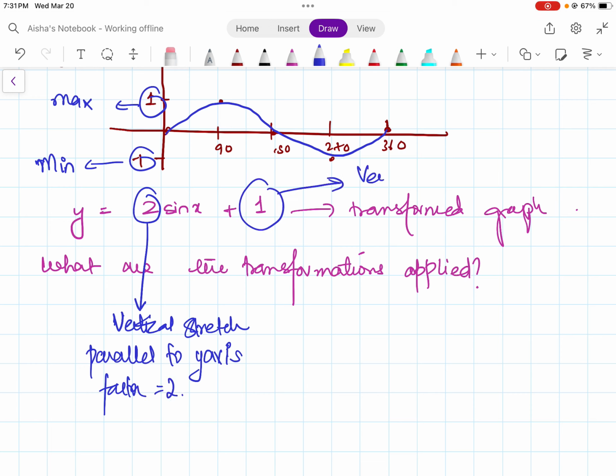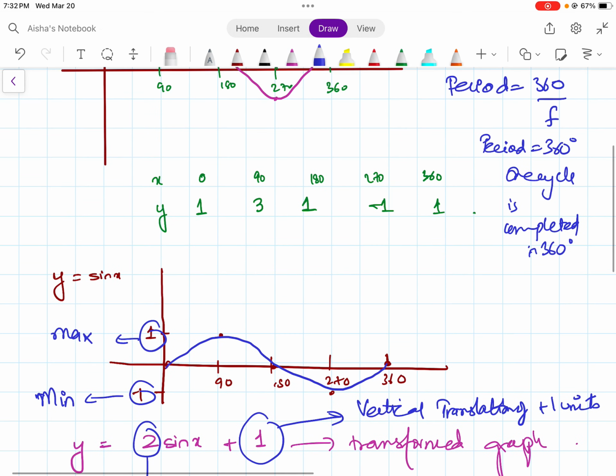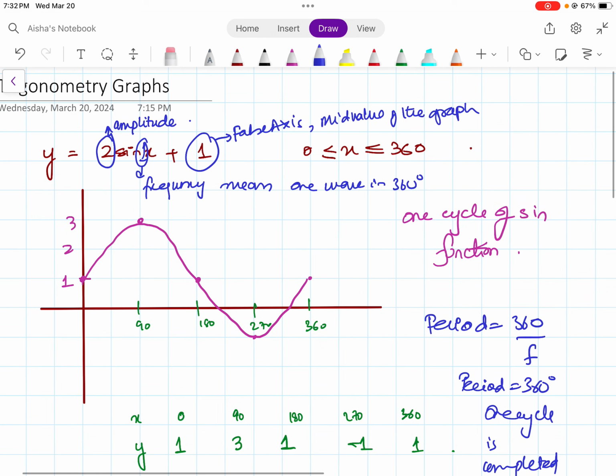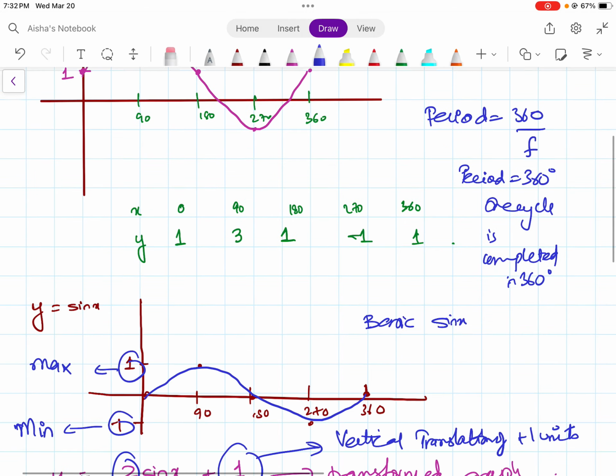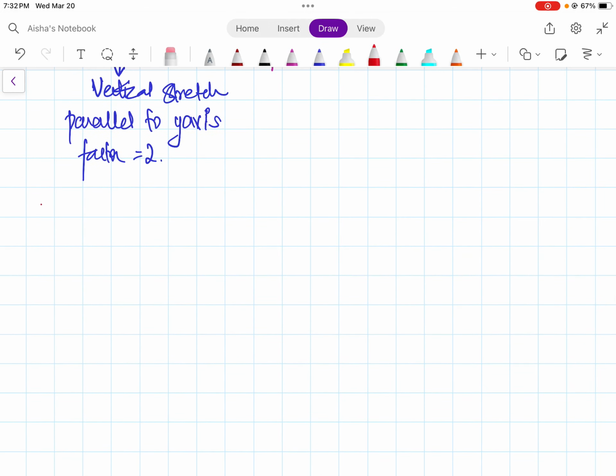This represents a vertical translation of plus 1 units. So in a graph, you should be able to interpret what each one of these values represents. This is the basic sine graph, the normal sine graph, and how to plot it. This is that explanation. Let's move on to the cos graph now.